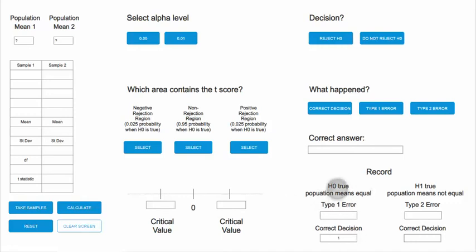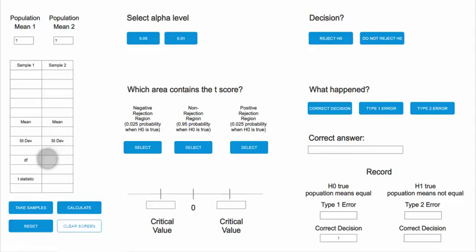Now if our data set had led us to reject the null hypothesis and reject the possibility that the population means are equal, and it turned out that they were equal after all, that would be a false alarm, which would be a type 1 error. Remember, type 1 error is when you reject the null hypothesis and you decide that something is happening, but really there's nothing there. It's a false alarm. Now, we clicked on Reset and it updated our record, and now we can do another simulation.